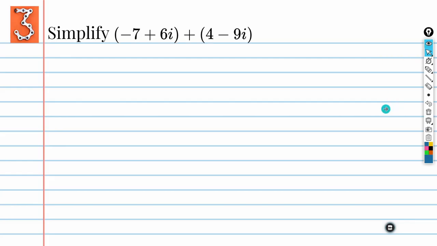So let's look at number 3. This time we have both of them having both their real and imaginary portion. So we're going to go ahead and do the same thing we did before. We're going to first look at distributing any signs that need to be distributed. And so there's really nothing that's going to change when we distribute. We have negative 7 plus 6i. And since this is positive, everything's going to stay the same. So plus 4 minus 9i.